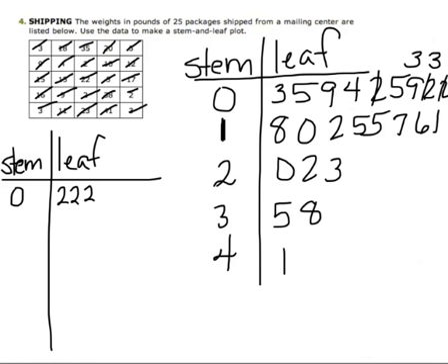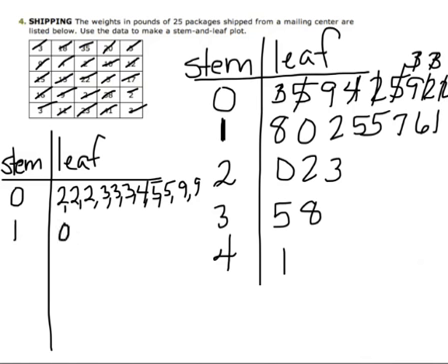Either way works. I've got 3 3s. I've got a 4. 2 5s. And 2 9s. And you do need to put commas in there so it doesn't look like that's all one number. Okay? And then I've got my 1 for my stem.